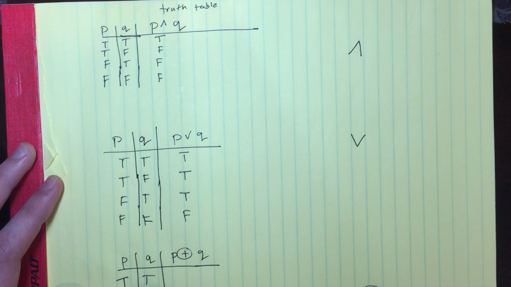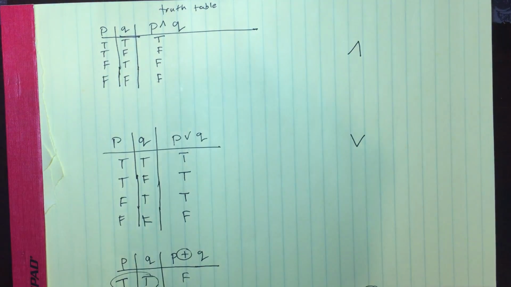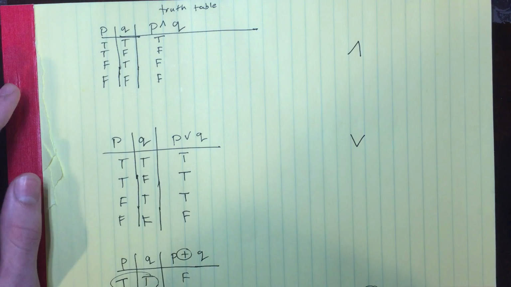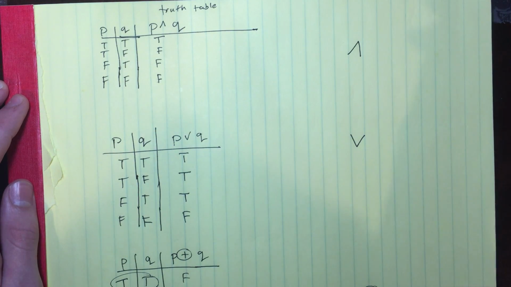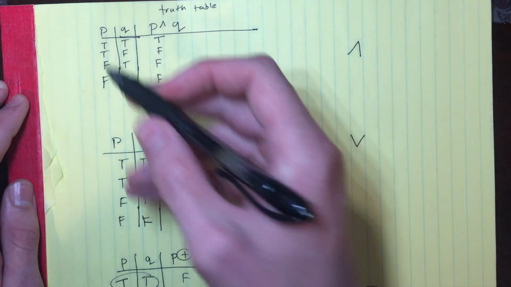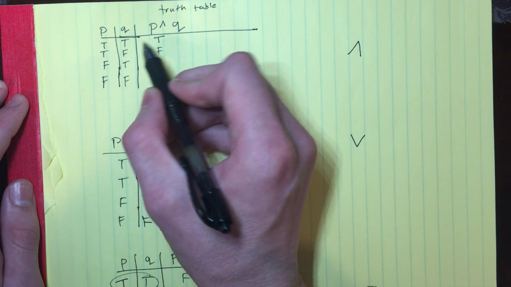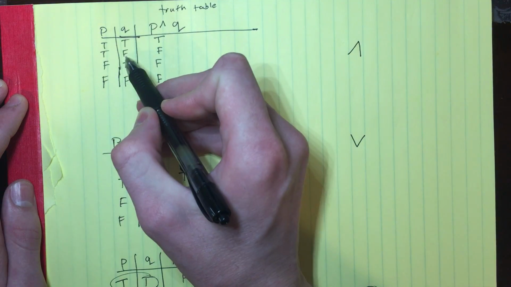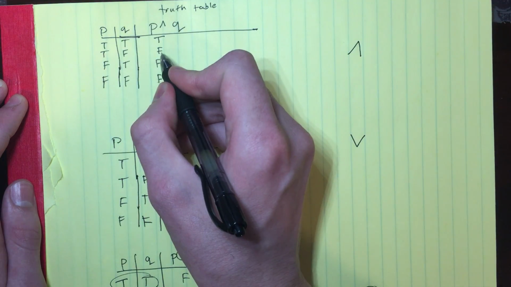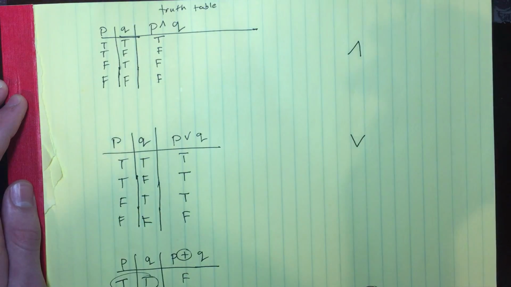Whenever there's two the same, then it's false. And when they're different, it's true. And that's the truth table. When two of the statements are true, it's going to give you a true statement. When there's a true statement and a false statement, the entire statement is going to be false.